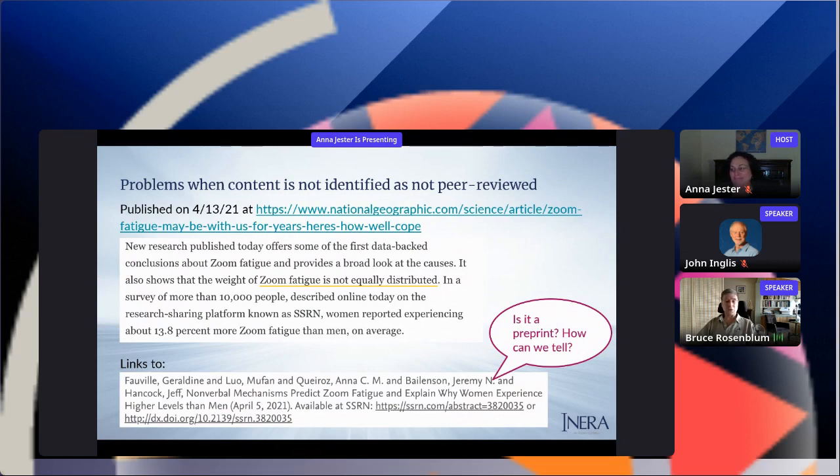And I immediately went looking at the article and thought, oh yeah, this sounds really interesting, in part because it was getting some interesting press. And I went through and found that the article was on SSRN, and nowhere on SSRN was there any indication that there was a preprint. There's no way to tell that it's not peer-reviewed.